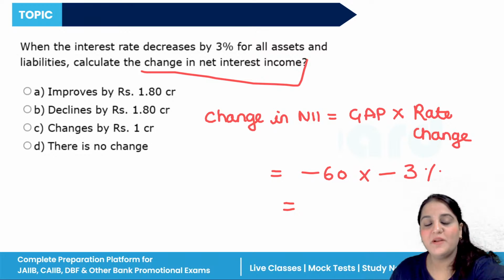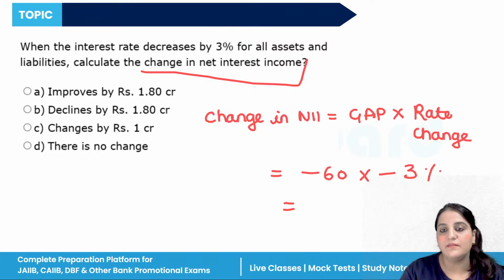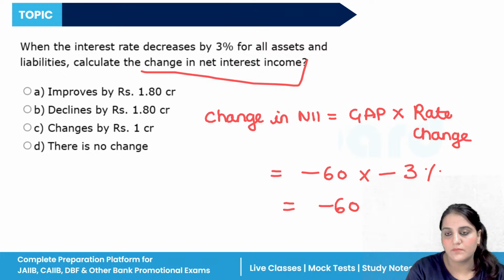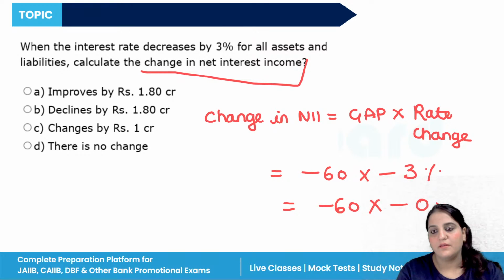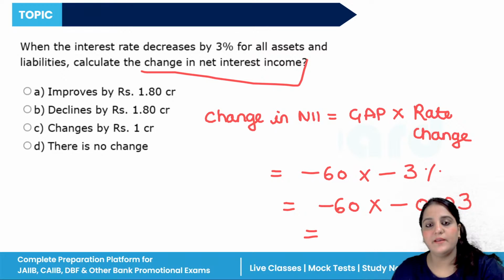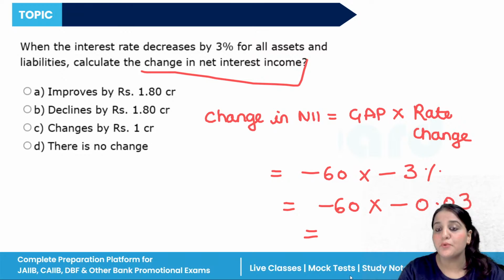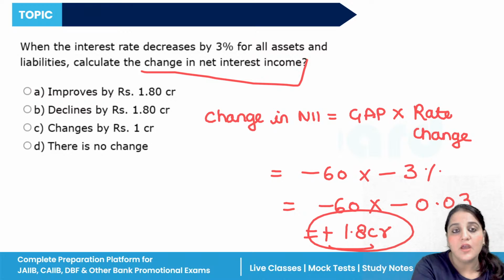So how much is it equal to? 3% we can write as 0.03, right? So here the answer is improved by 1.80 crore, because positive 1.80 crore is there.